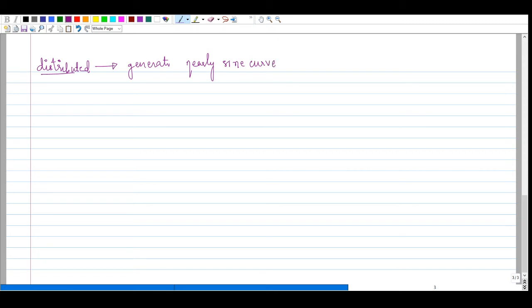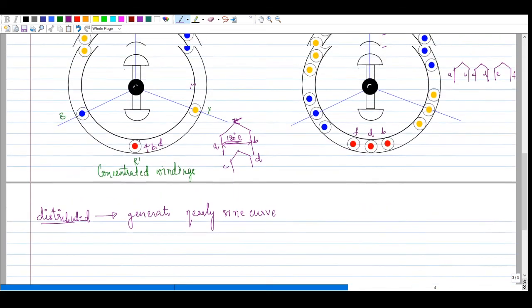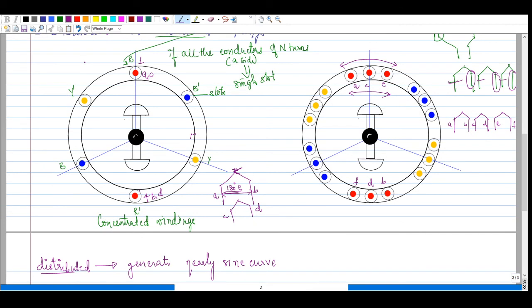That is one advantage. It means the harmonics present in distributed windings are much less compared to the concentrated winding. Also, if all the conductors are placed in one single slot, then the heat generated will be accumulated within one single point.